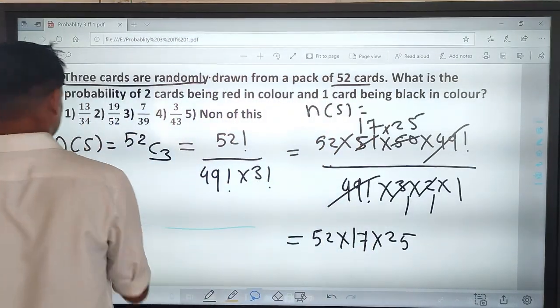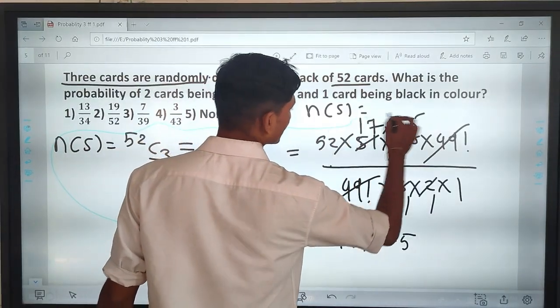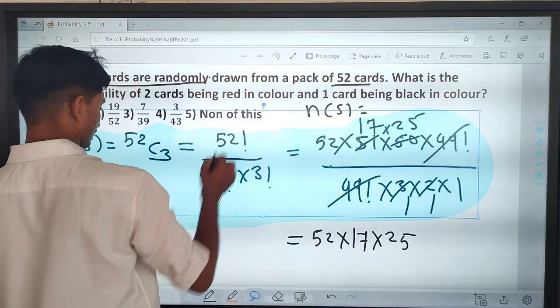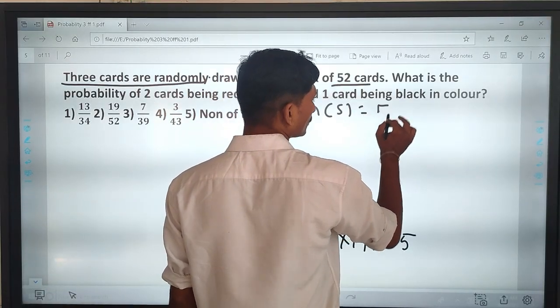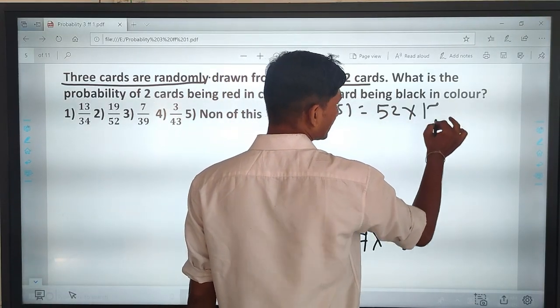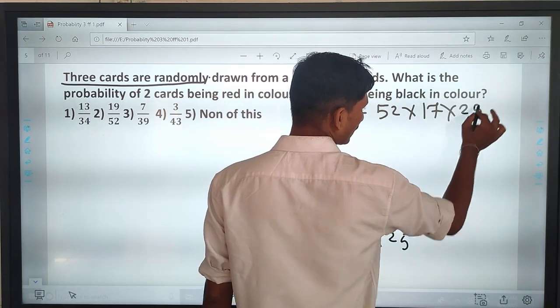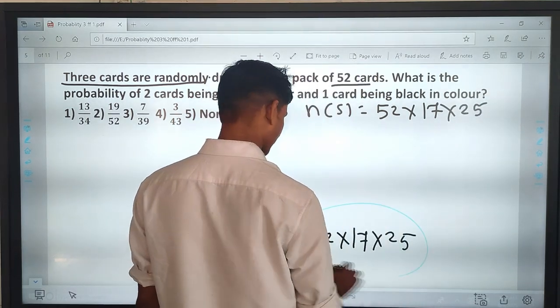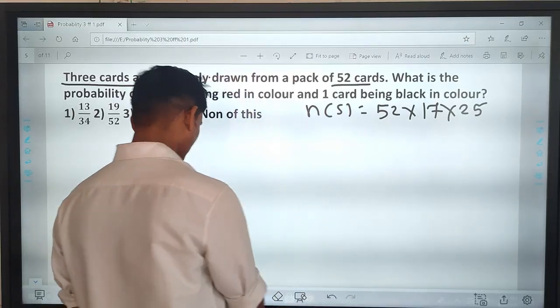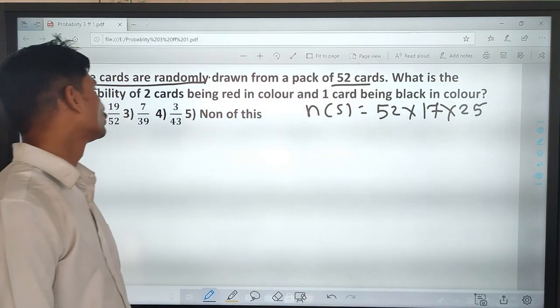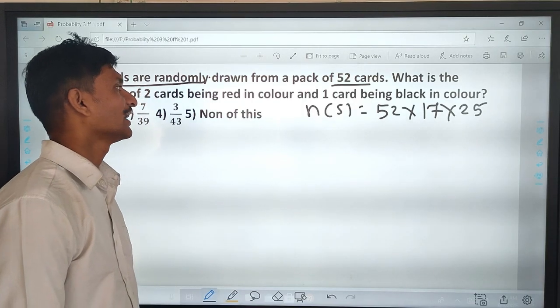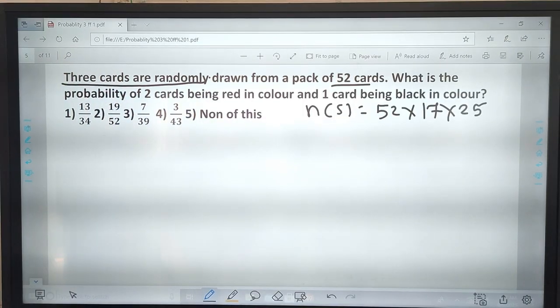Now we find n(A). Here, probability of two cards being red color and one card being black color.